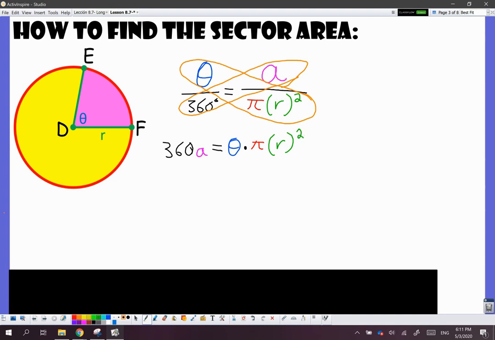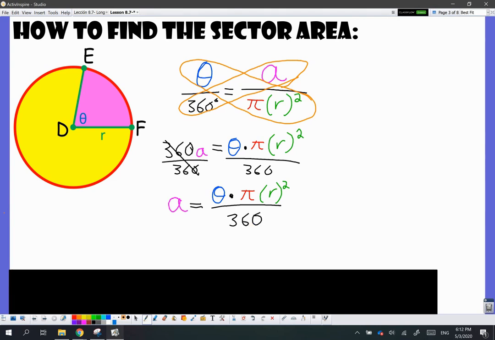And just like in the arc length, to get this variable by itself, I'm going to need to divide by 360 because that's going to cancel that out. But I do that on both sides. And so now I end up with a equals theta times pi times radius squared over 360. And so we can use that formula to find the area of a sector of the circle.